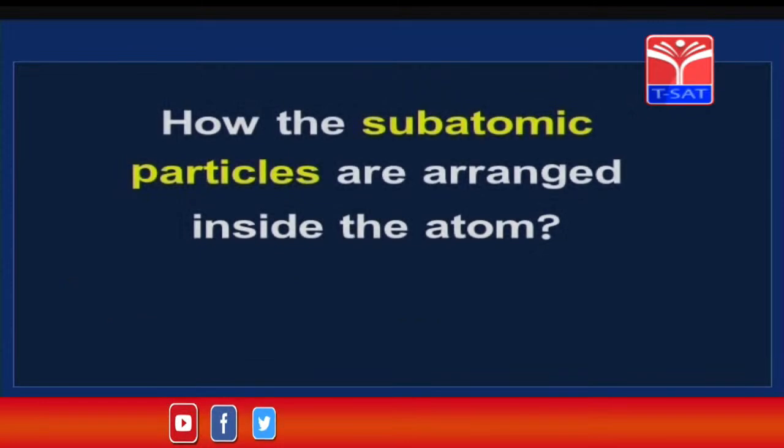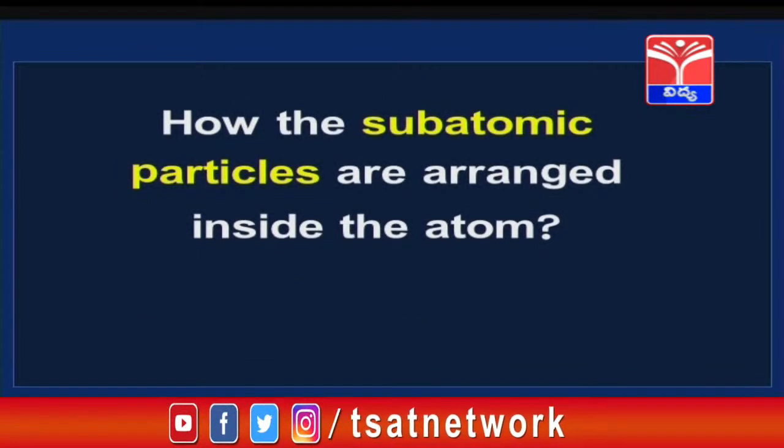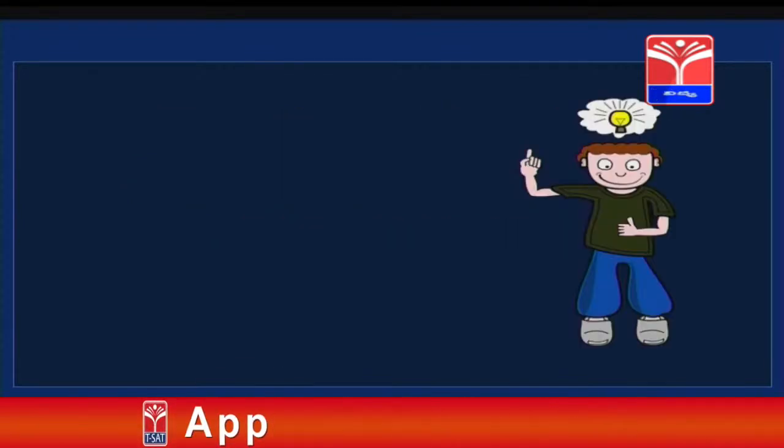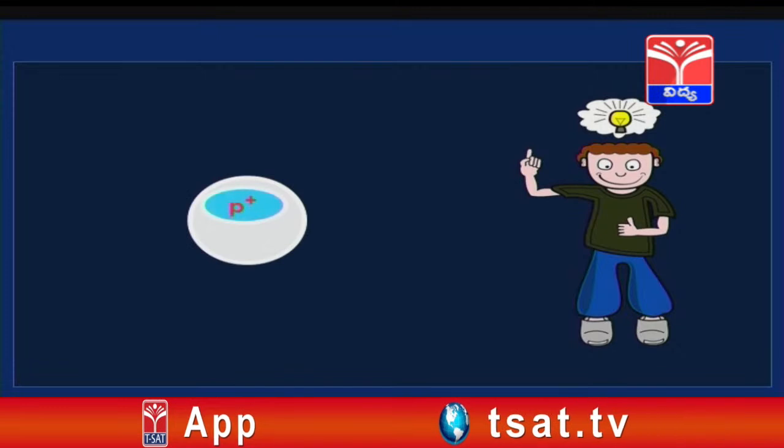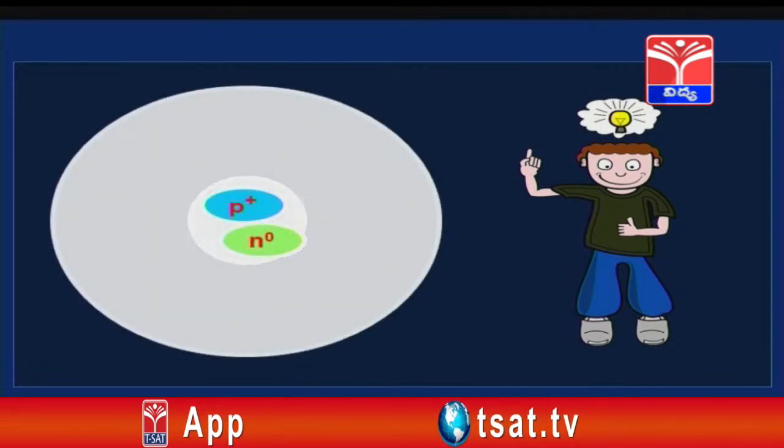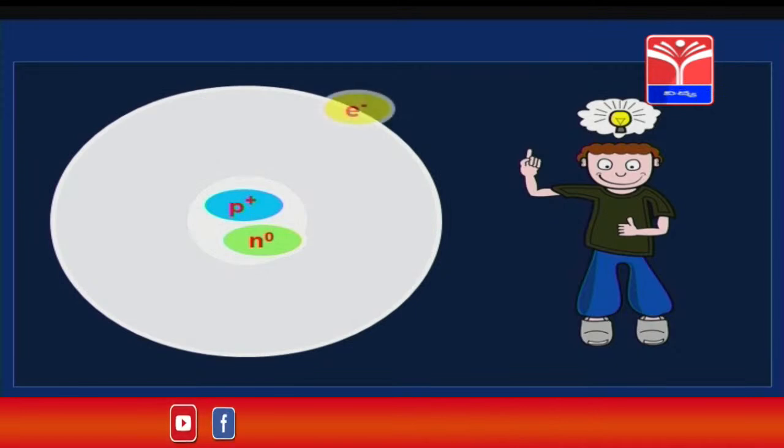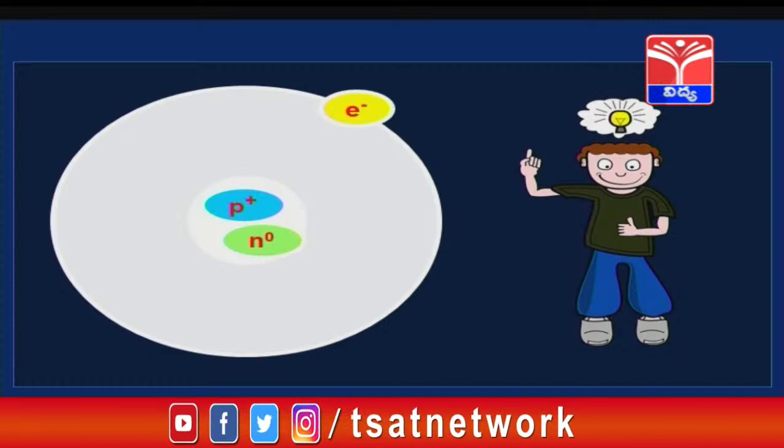How are the subatomic particles arranged inside the atom? Now, we will take the example of hydrogen and discuss this one. This is the nucleus of the hydrogen atom: one proton, one neutron, and one electron revolving around it. Now, what is the atomic number of hydrogen? 1.